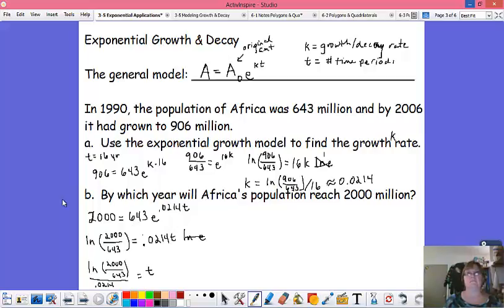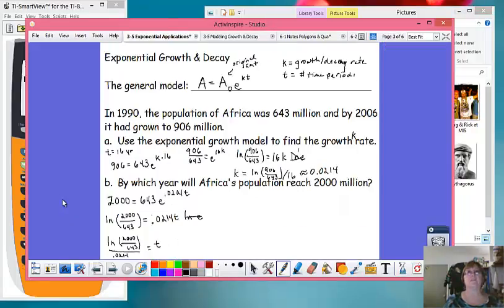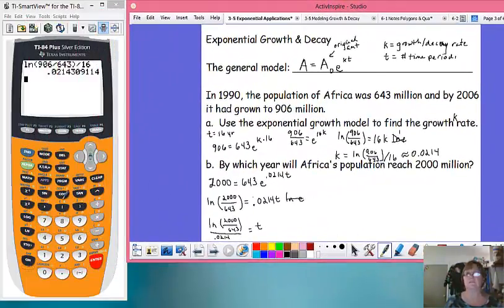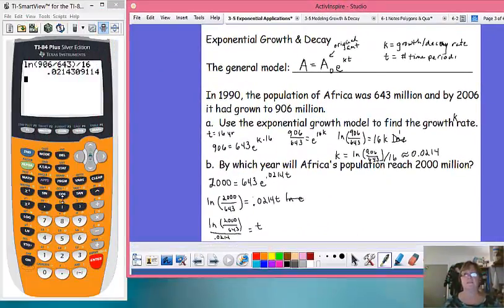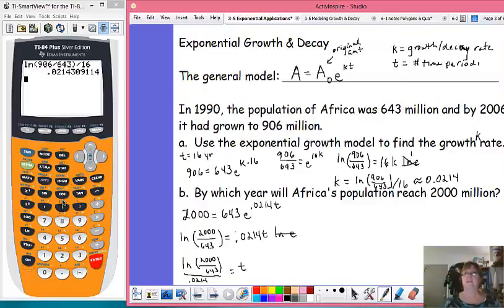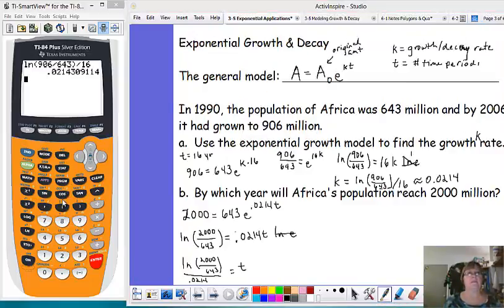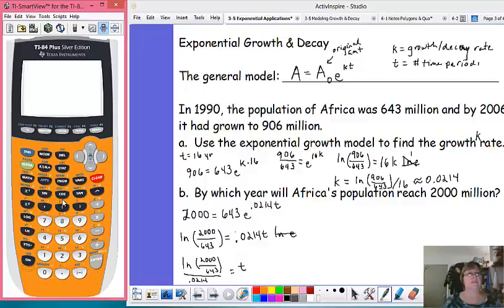Alright, let's see. I'm going to minimize this a little bit because I need to be able to see my calculator. So I'm going to take the natural log of 2,000 divided by 643, the starting place. And remember, those were both millions of people, divided by a growth rate of a little bit more than 2% per year.